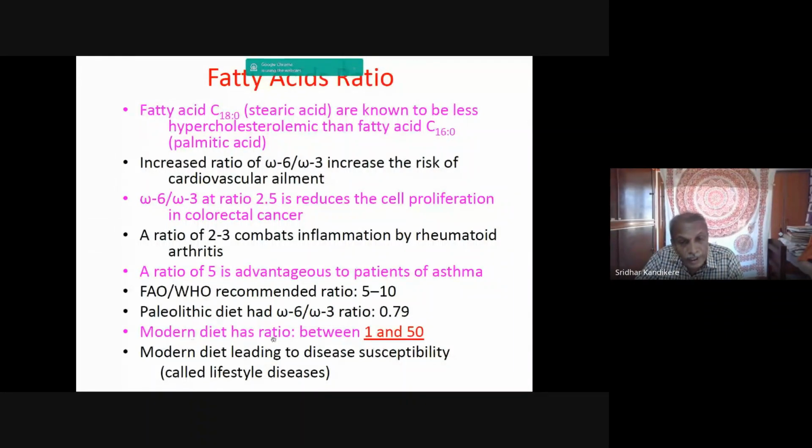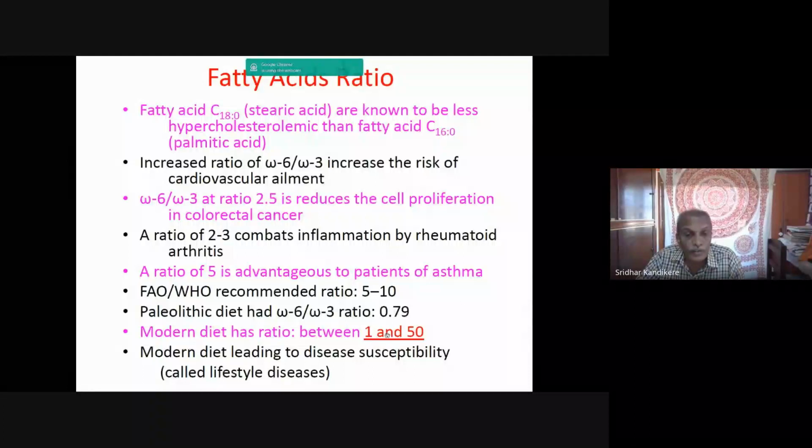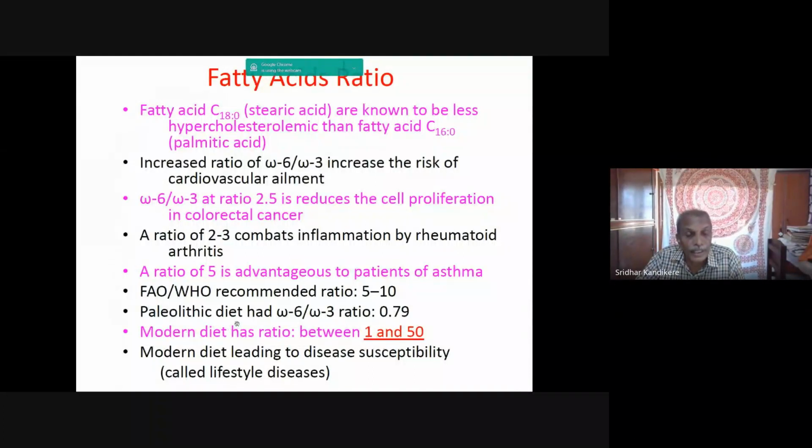But the modern diet has a ratio between 1 and 50. So this is the range. That may be one of the major reasons for our lifestyle diseases nowadays, because we are not worried about the nutritional qualities, and the Paleolithic diet, a traditional diet, is very, very useful. Even people like it because the omega-6 and omega-3 ratio was 0.79.